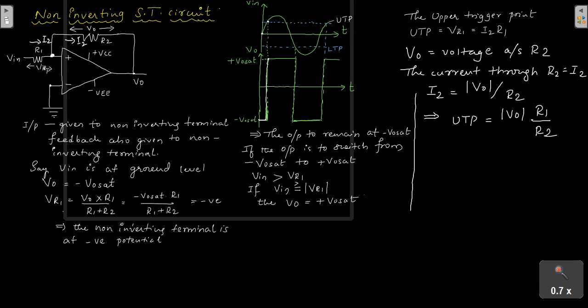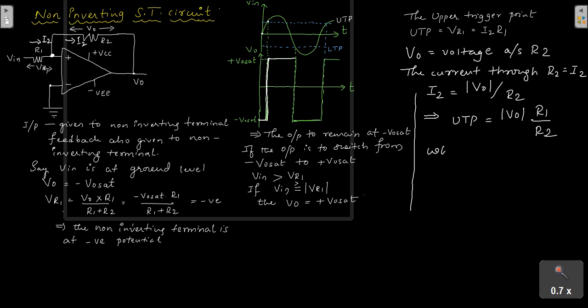Now when the output switches to positive saturation, that is, at this point, the voltage at the non-inverting terminal is now more positive, correct or not?